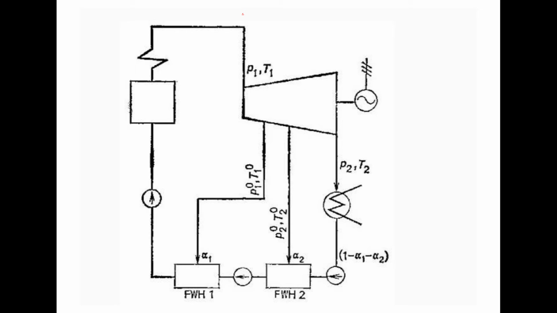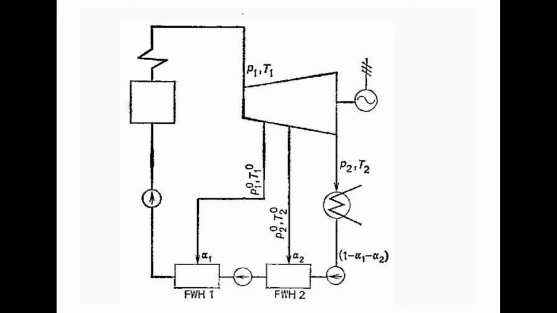Then the first feed water heater is located at the left hand side, and the second feed water heater is located at the right hand side. The pressure and temperature will differ because the turbine is connected with the feed water heaters at different stages, so the pressure and temperature of the stages also differ.